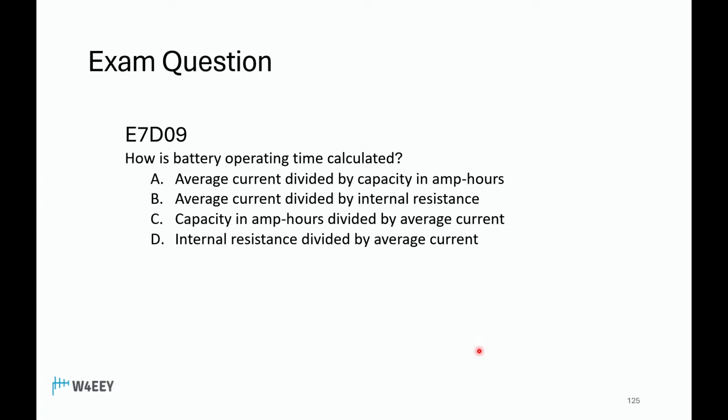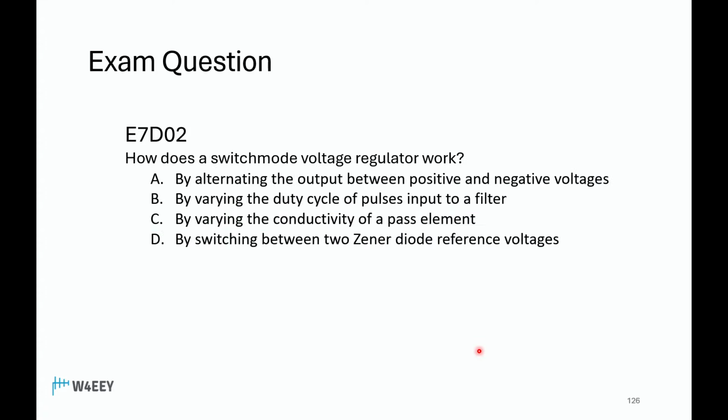How is battery operating time calculated? It's easy, but what's the answer? Charlie, capacity in amp hours divided by the average current. How does a switch mode voltage regulator work? Bravo.